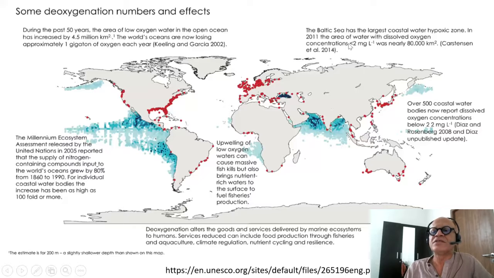In 2011, the area of water with dissolved oxygen concentrations less than 2 milligrams per liter was nearly 80,000 kilometers squared. And the Gulf of Mexico, which is really warm, some of the warmest waters at these latitudes, has a massive naturally occurring hypoxic region, often called a dead zone.